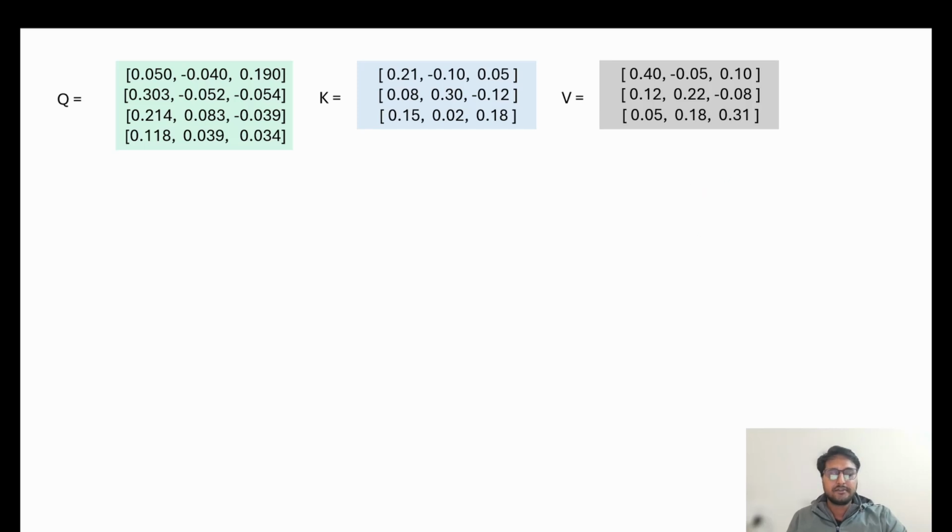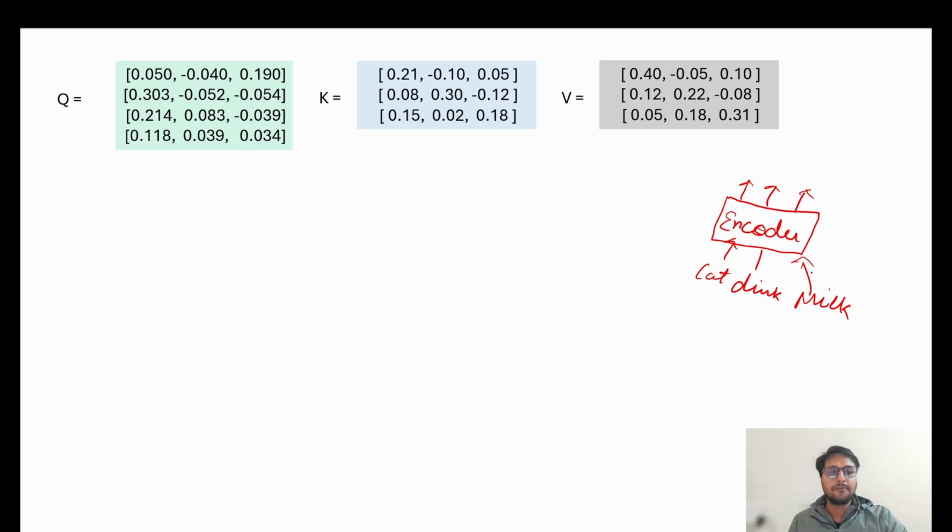But to give you some comfort about how we calculate the key and value matrices, this is our encoder block, and it returned three vectors for the words we passed: cat, drink, milk.